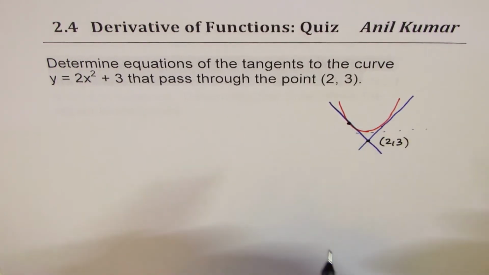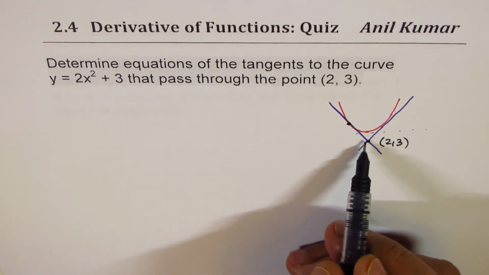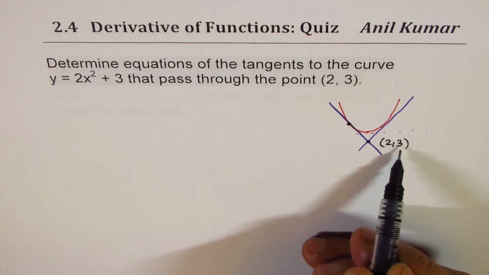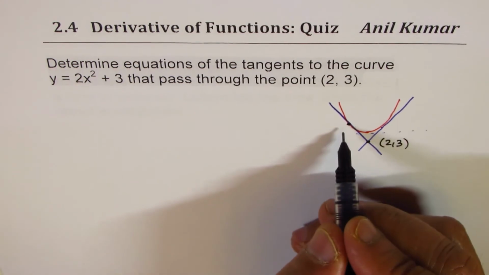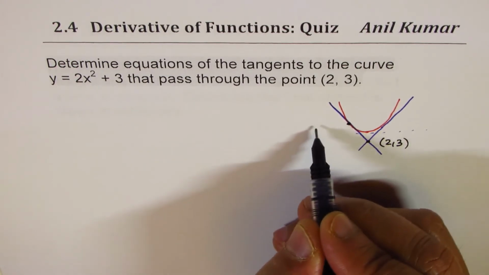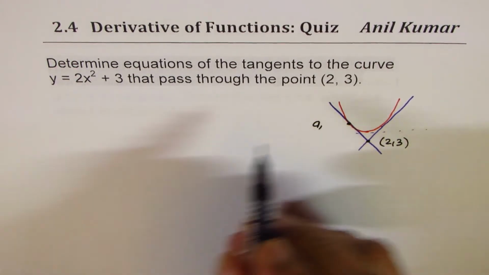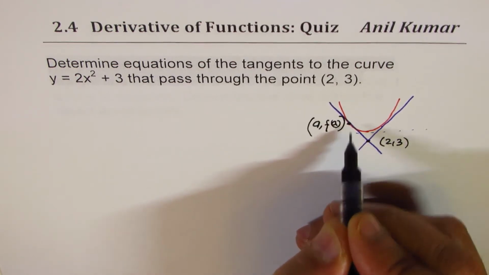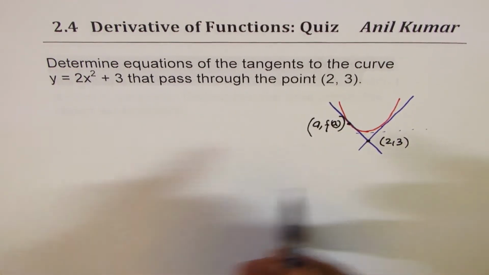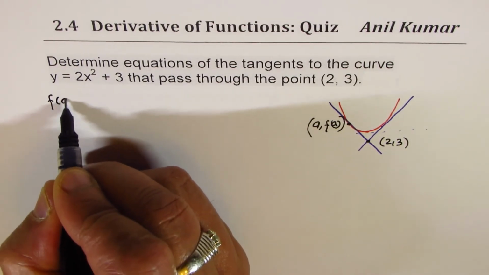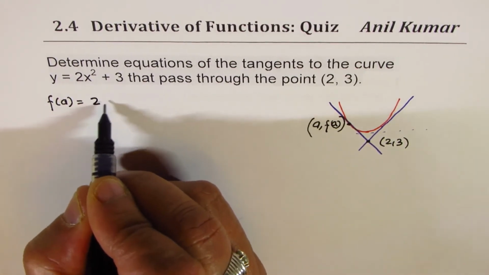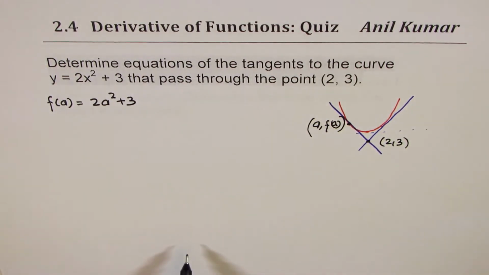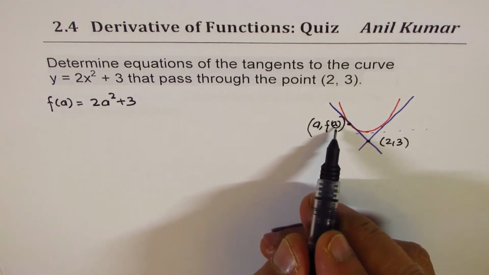Now let us assume that the point on the curve where we have a tangent from the external point (2, 3) is at x equals a. So this point will be a and the y value will be f of a, correct? So that becomes the coordinate. So clearly, what is f of a equal to? f of a is 2a squared plus 3.